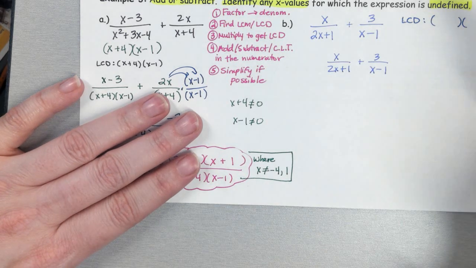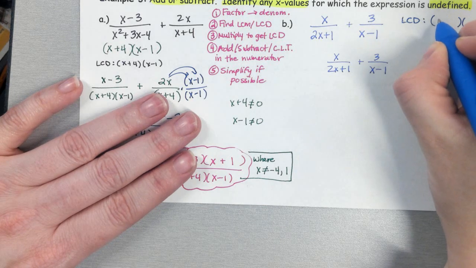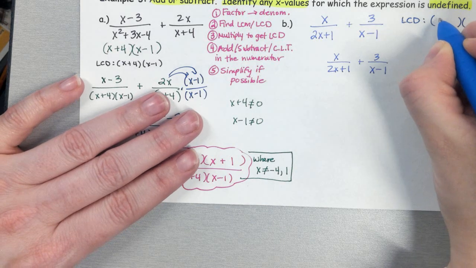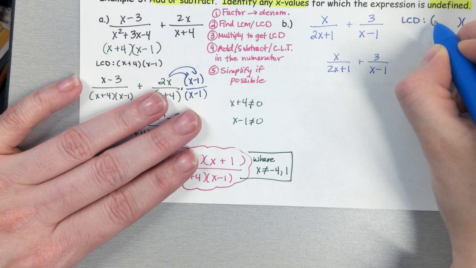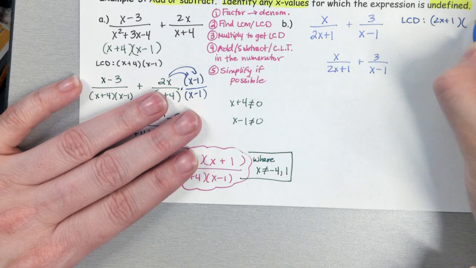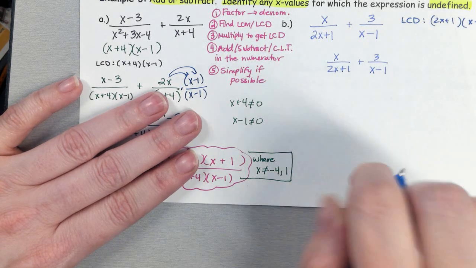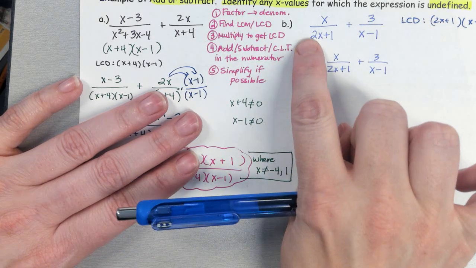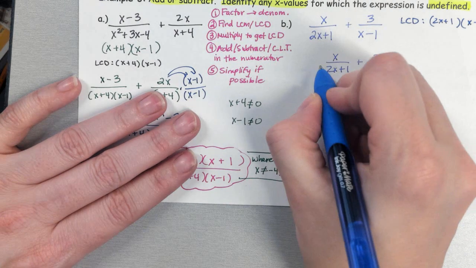So what's my LCD going to be here? 2x plus 1? x minus 1. So just start on the bottom, right? That has to be part of it. x minus 1 has to be part of it.